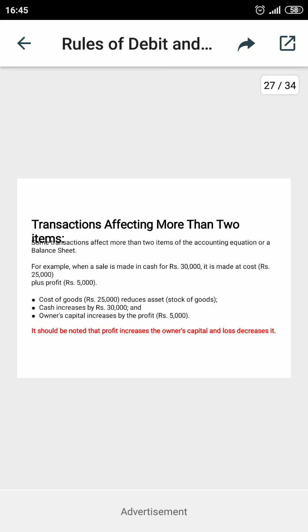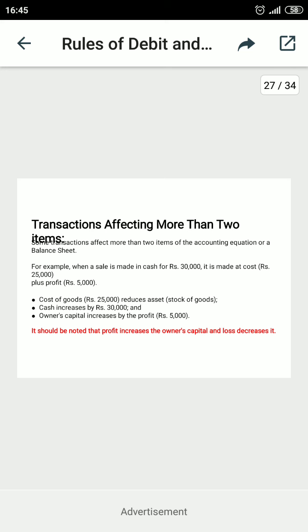One example is when a sale is made for cash of 30,000. When goods are sold for 30,000, it means the money is coming in, 30,000. And the second is at the cost of 25,000, meaning the goods which have been sold have a cost of 25,000.